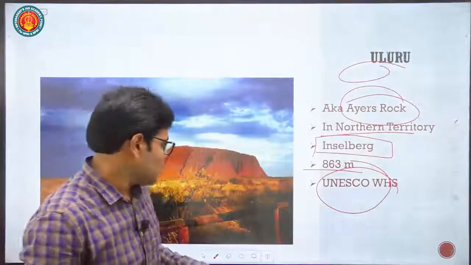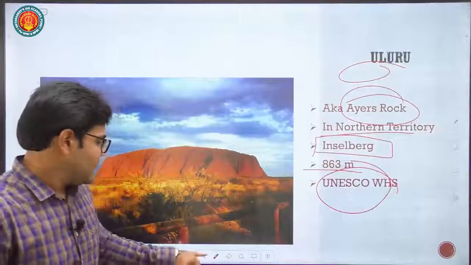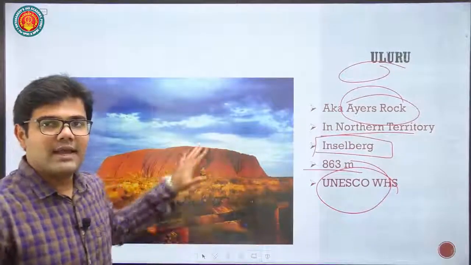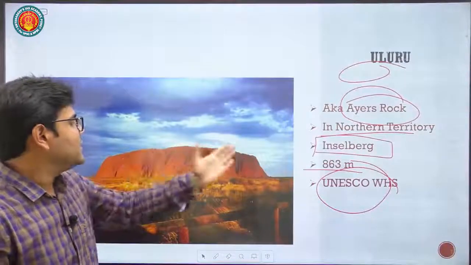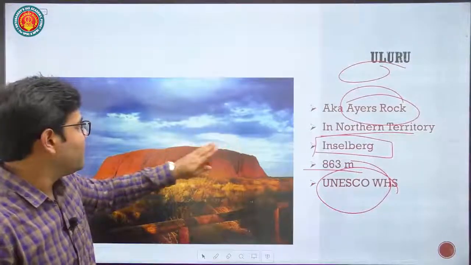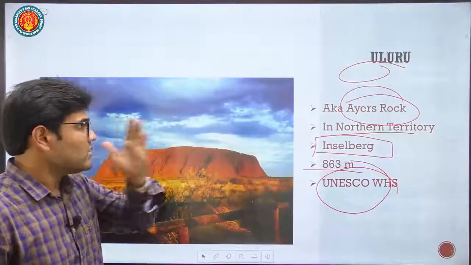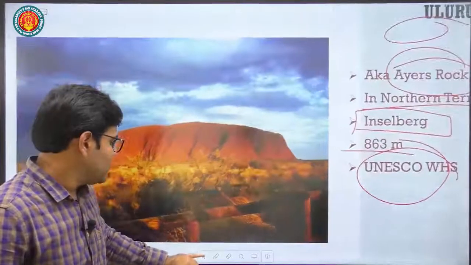Very famous mountains, a very touristy destination you can say, after the Great Barrier Reef. Surrounding it is all plain area, and suddenly, abruptly, this mountain is there, and it is a heavily eroded mountain. So you can see this structure. It's Uluru Mountain. Then what do we have next?